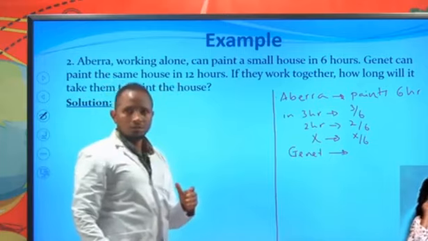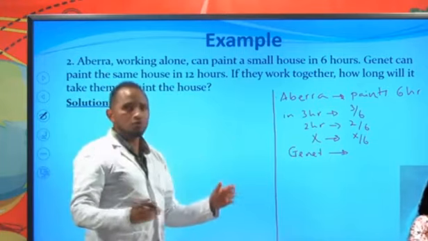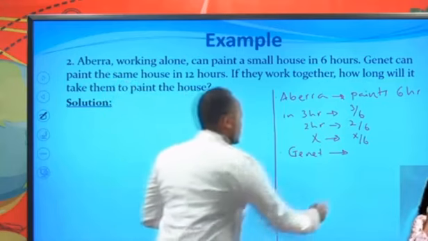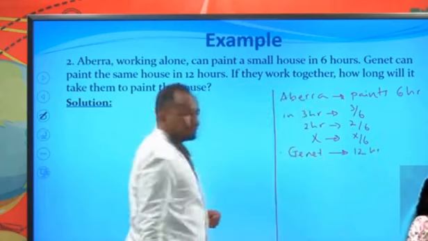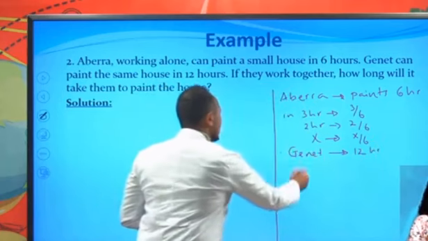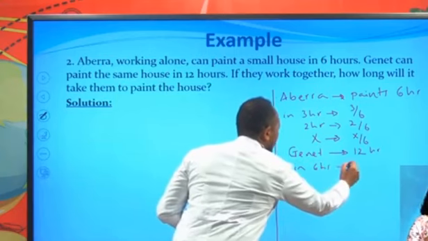In x hours, Aberra completes x over 6 part, and Gannet completes x over 12 part of the job.